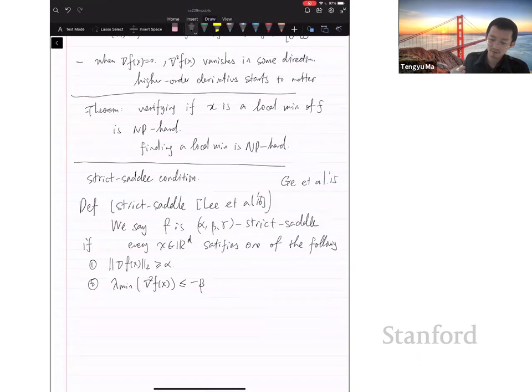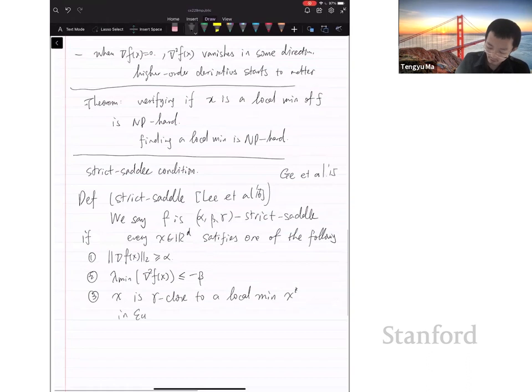The third possibility is that x is gamma-close to a local minimum, let's call it x star, in Euclidean distance. The distance metric here is probably not entirely important because we are not going to be very quantitative about this. Everything is polynomial, so it's not that important.